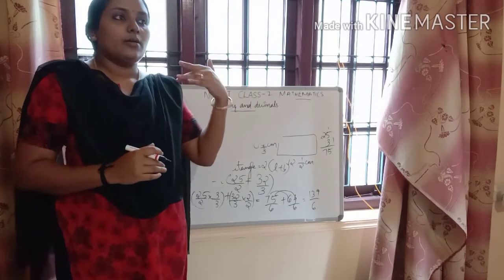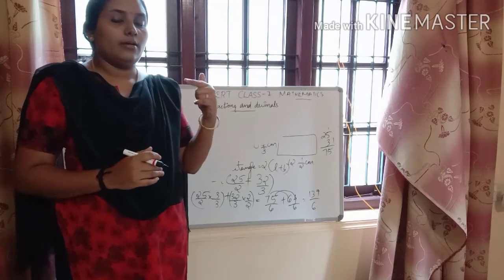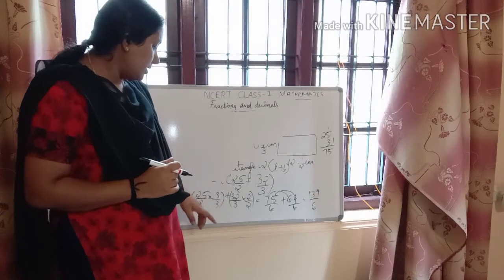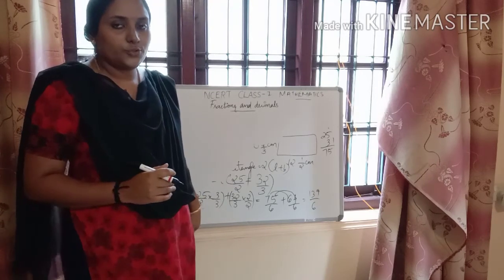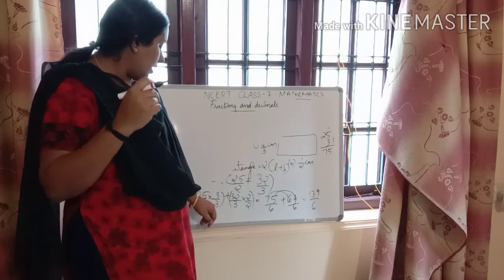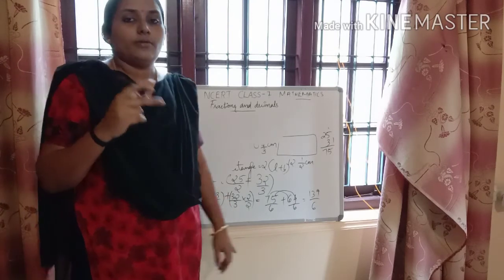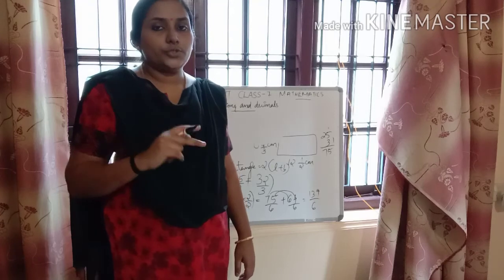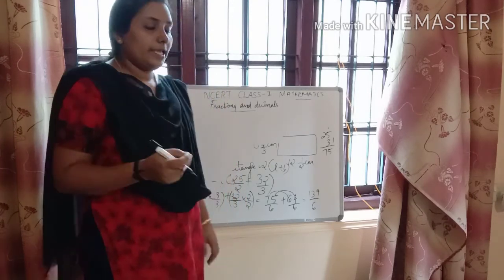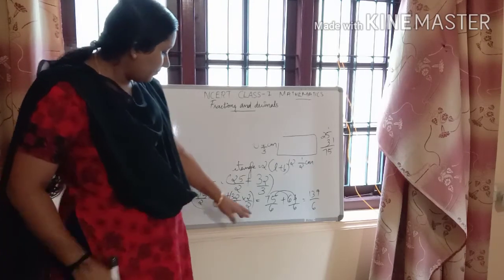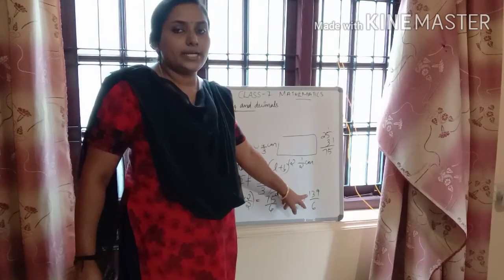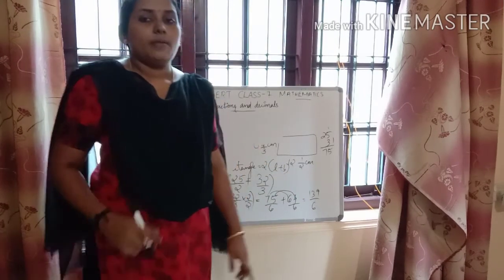The length is 12 1 by 2, which can be written as 25 by 2, and 10 2 by 3 can be written as 32 by 3. While adding these two terms, we first equalize the denominators, and we get 139 by 6.